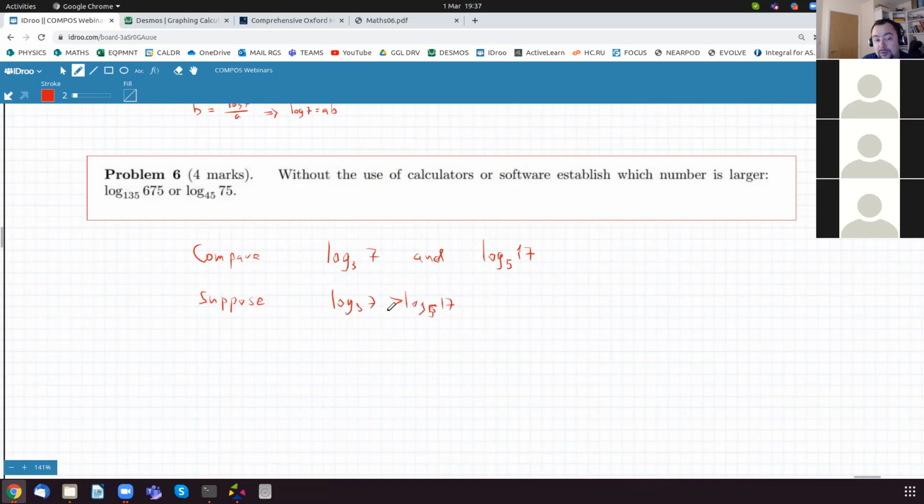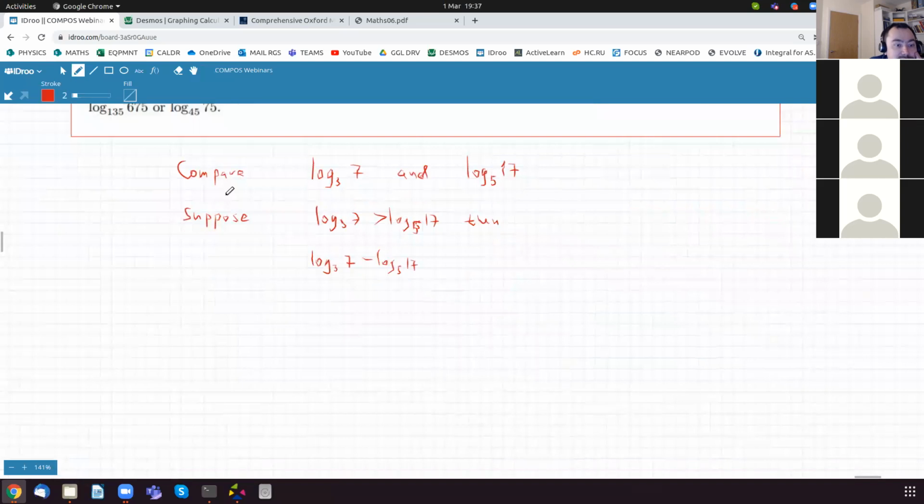If I am wrong, I would come to the wrong conclusion. Then we can say that log 7 base 3 minus log 17 base 5 is going to be greater than 0. This must be true.